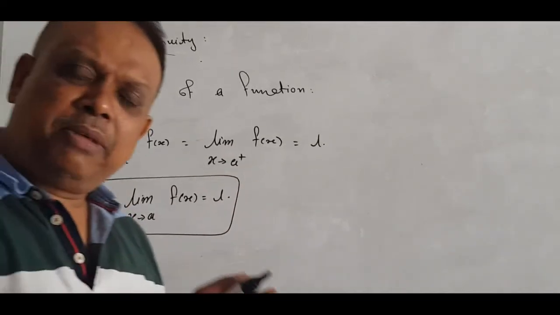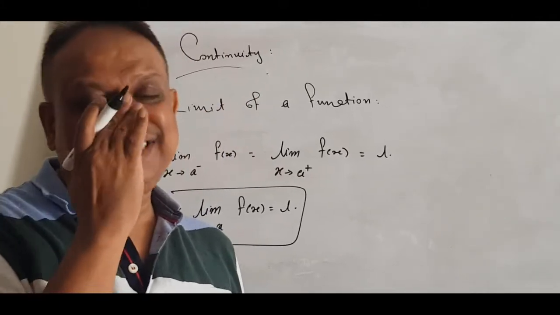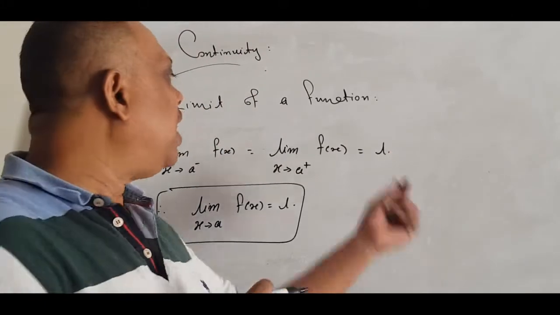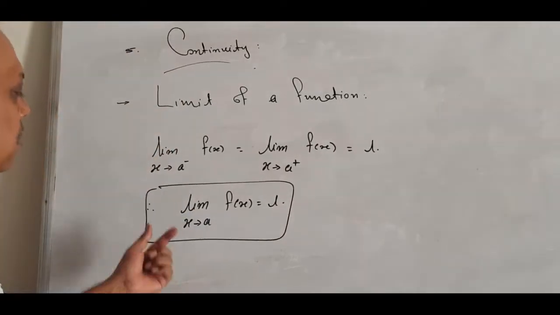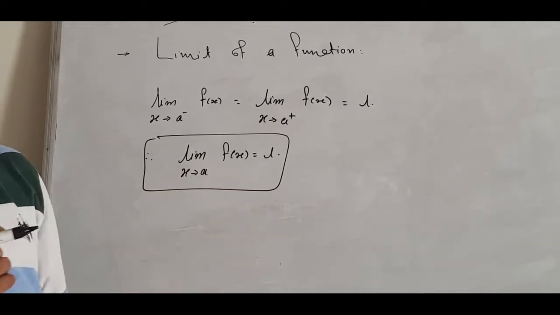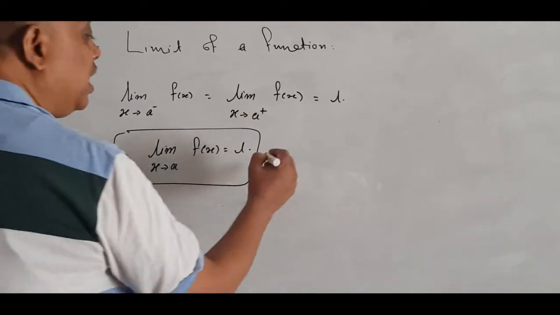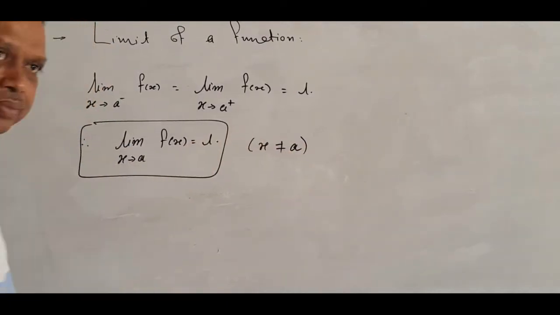If the left-hand limit of the function and the right-hand limit of the function exist and are equal, say to L, then we say that the limit of the function f(x) is L when x tends to a. But here, definitely one thing is that x is not equal to a.